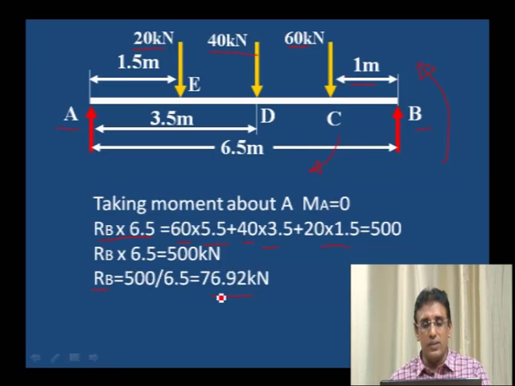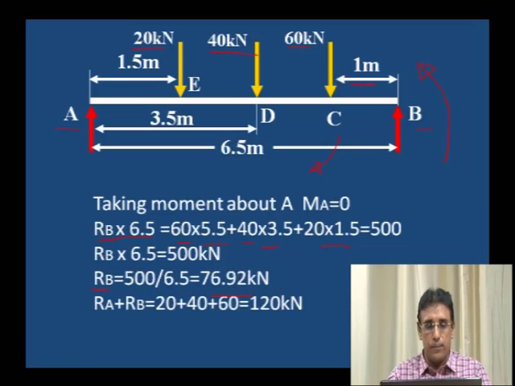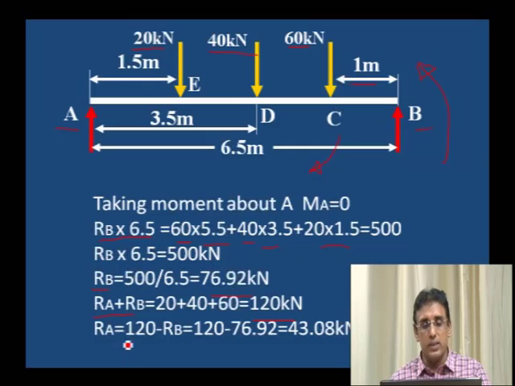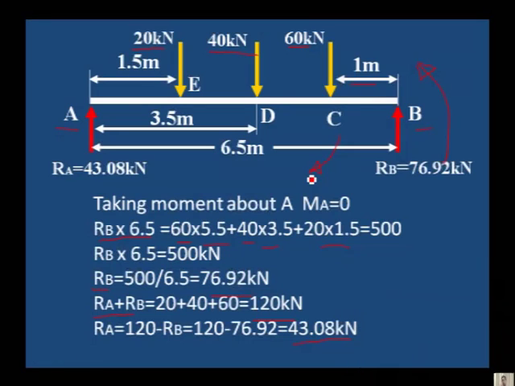RB already we have 76.92. Therefore RA is equal to 120 minus 76.92. Total downward load is 120, and total upward load is RA plus RB. Therefore 43.08 kilonewton is the reaction at A. Reaction at A is equal to 43.08, reaction at B is equal to 76.92.